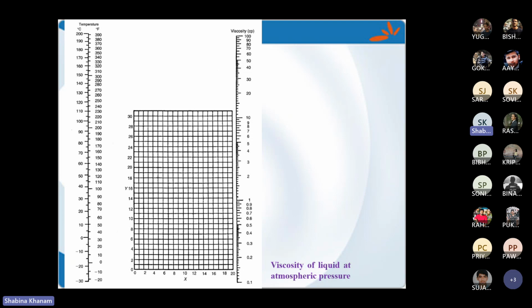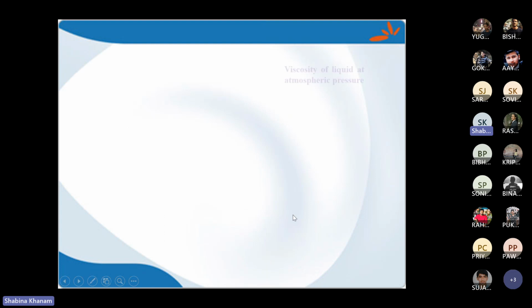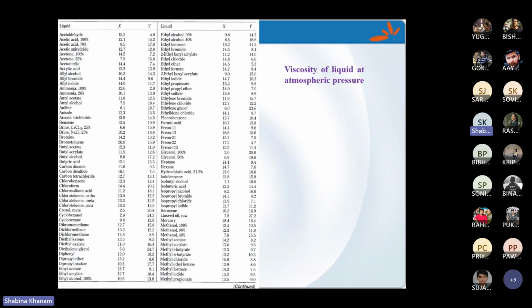If I consider this viscosity curve, this is viscosity for the liquid, and for this x and y, I'm having the x and y values for different liquids. Each liquid has a different value of x and y depending upon the properties.